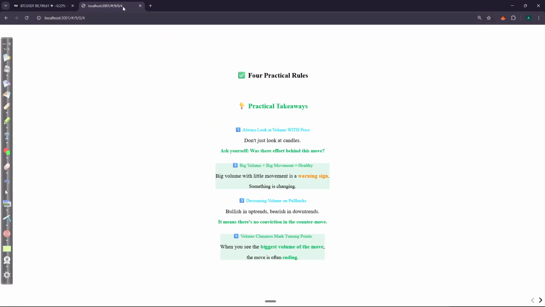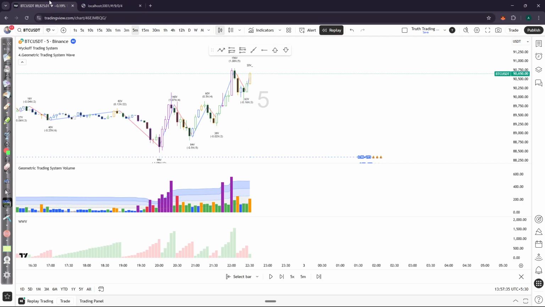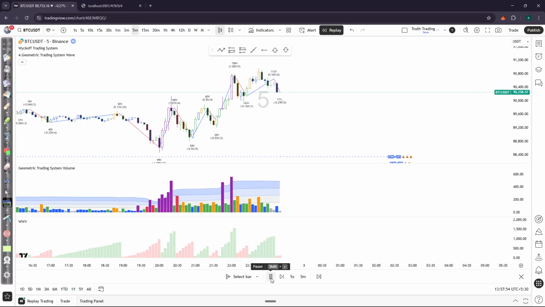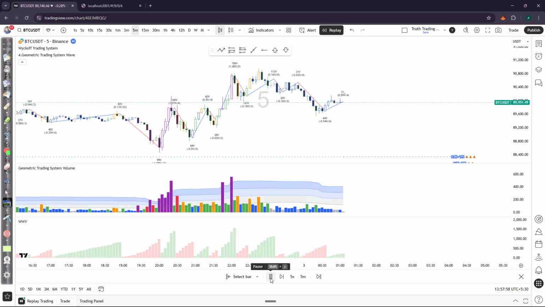And so this is the biggest volume. So this actually shows the ending of that move, and you can see why, because on this down wave we had more volume coming up. Okay, so the down move is complete, and if I hit play, you'll see that now the market is going to go down.